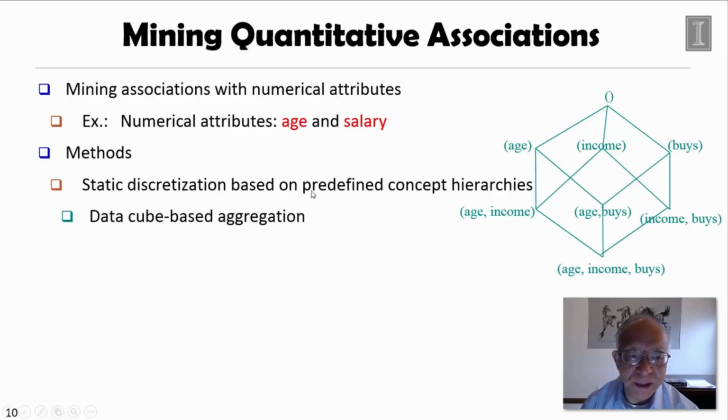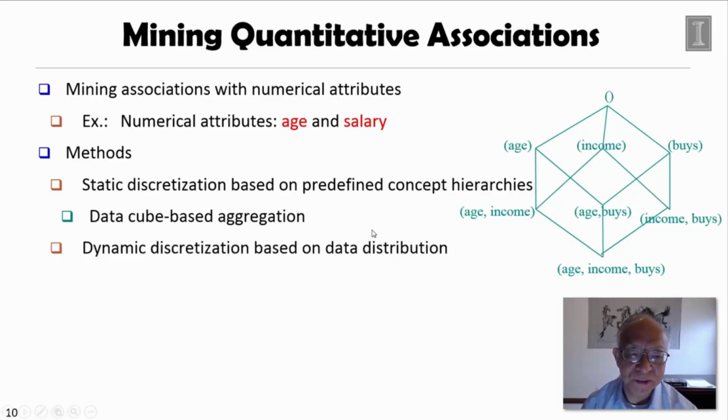But if we say we partition age every 10 years or partition income every $10,000 using some predefined concept hierarchy, we're going to be able to construct a data cube and generate some interesting association. But these fixed predefined concept hierarchy may not fit your data distribution.